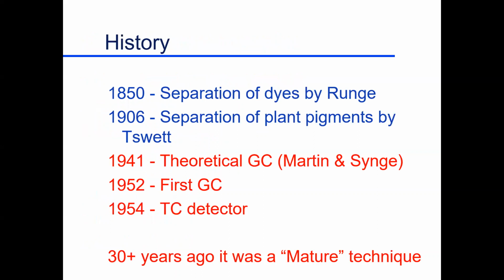From a history standpoint, maybe Pam's gone through histories. Something like 1850 was the first use of chromatography. Separation of pigments came up around 1906. Gas chromatography came in 1941, when the first paper was published on this technique, a theoretical treatment. The first actual GC came about 1952.